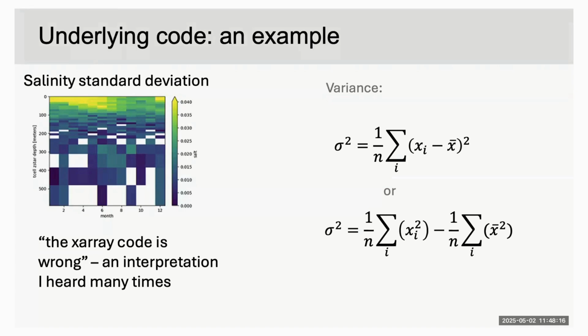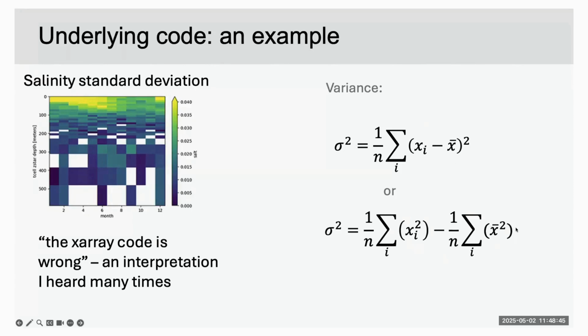So in order to explain what's going on here, I just want to look at how we calculate variance. Normally, the way it's taught in maths is that you calculate the sum of the difference from the mean squared and then divide that by the number of things. And because difference of squares applies to brackets, you can actually break this into two sums, where it's the sum of all the bits and pieces minus the sum of the mean.